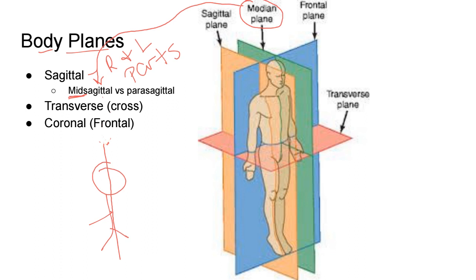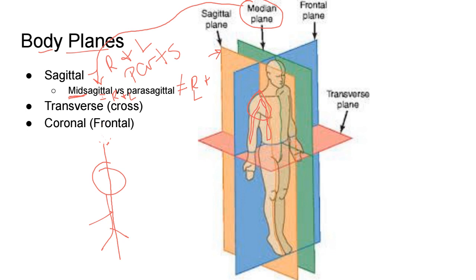So mid-sagittal, this median plane, equal right and left. Parasagittal, unequal right and left parts. You can see the sagittal plane here, this orangish colored one, where it's a little bit off to the side, so it's just covering this part of his body. So it is not an equal right and left division.